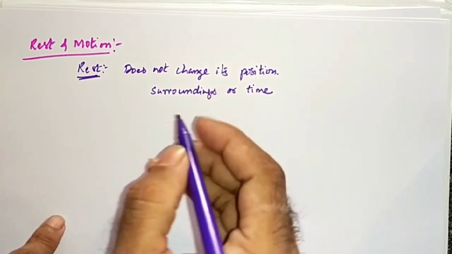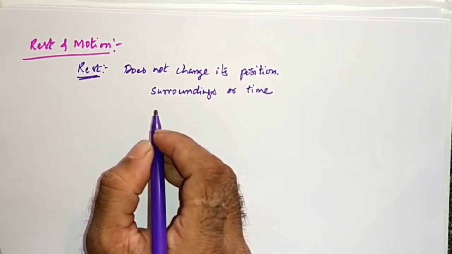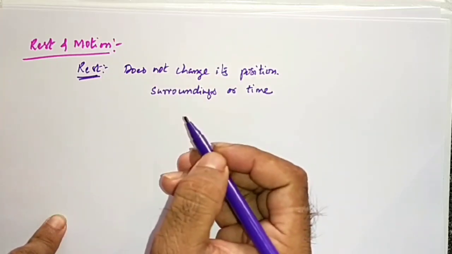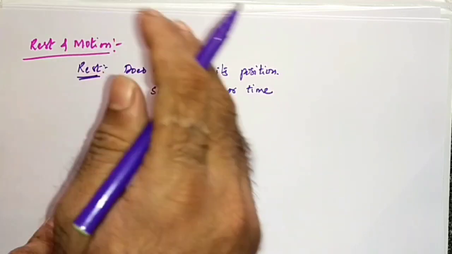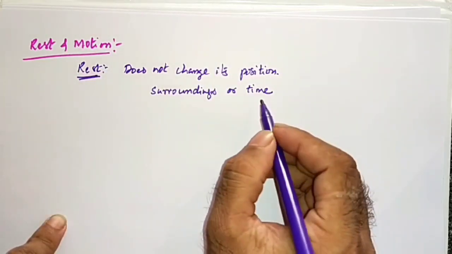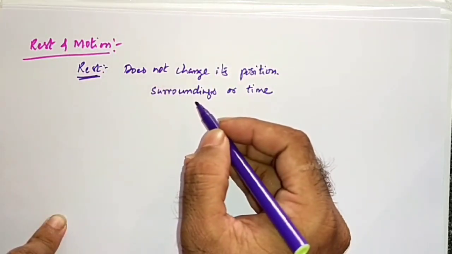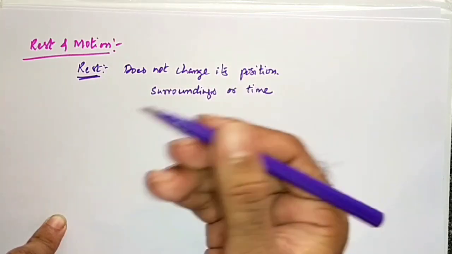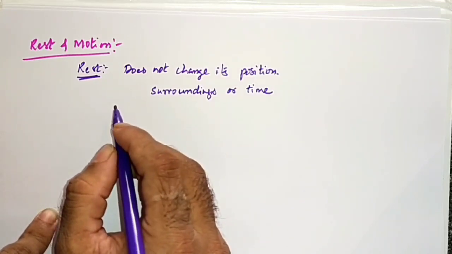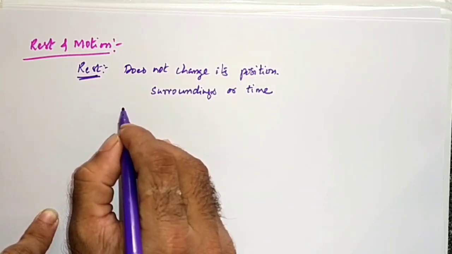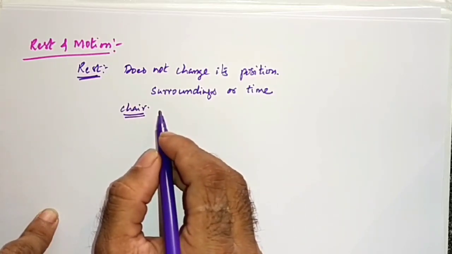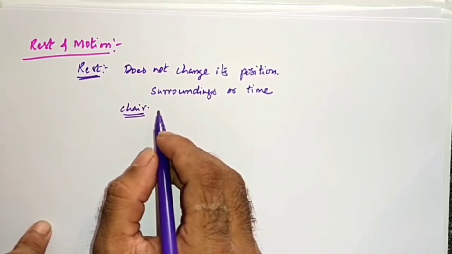Or with respect to time, at this moment where is the object? After 1 second, 2 seconds, 3 seconds, if its position is not changing, we say that it is at rest. For example, you observe a chair. Is it changing its position? No, no one is taking it from that position.